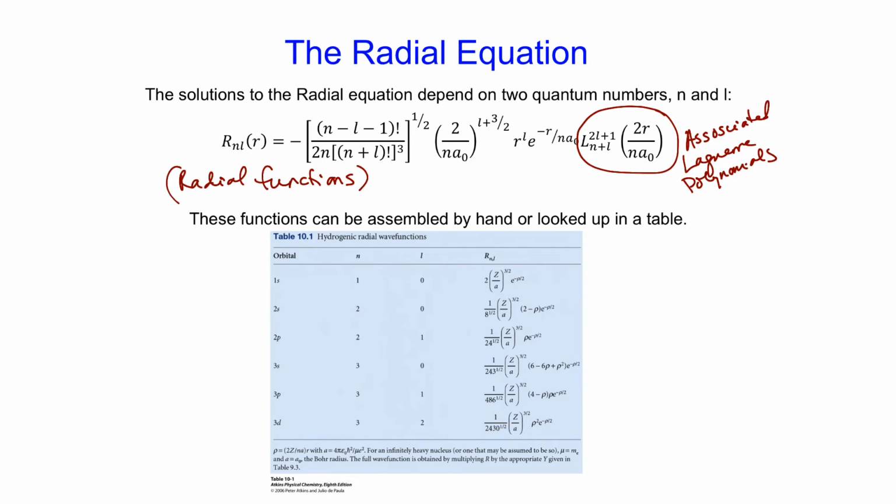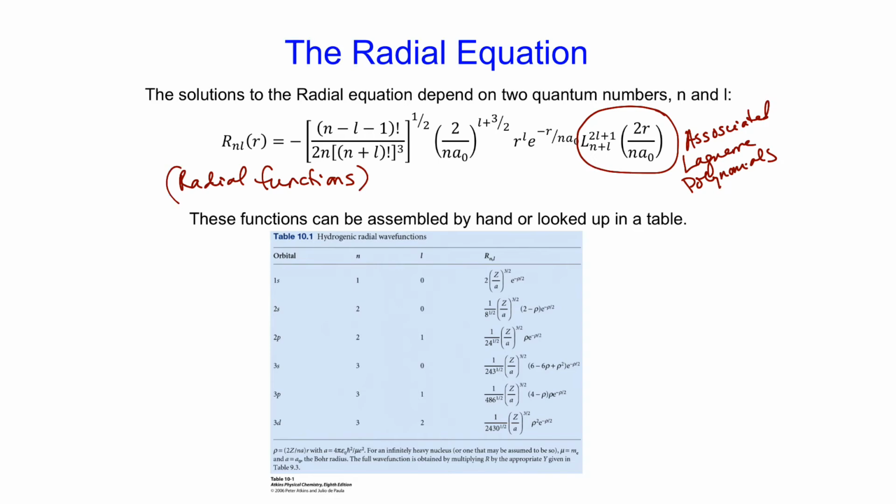So that's really it for our hydrogen atom wave functions. These are the radial component of the wave functions, and then you would just couple these with your spherical harmonics. So then you have a table of your spherical harmonics, a table of your radial functions, and then usually there will be a table of them put together into what are called the hydrogenic wave functions.